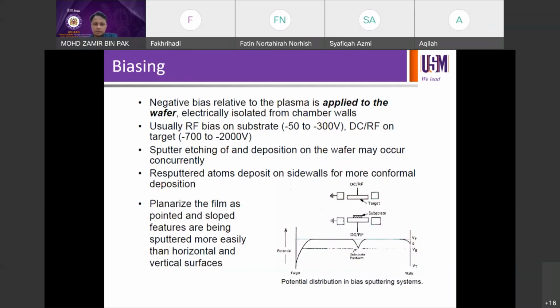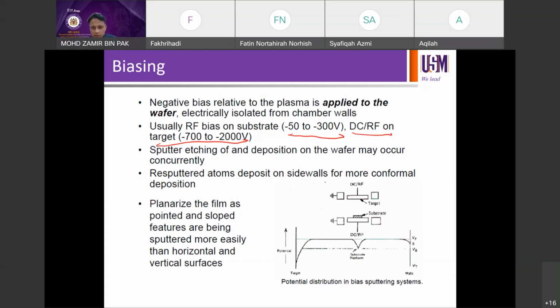Usually RF bias on the substrate is negative 50 to 300 volts. Okay, DC or RF on target bias can be minus 700 to minus 2000. That's very high. Okay, so you can either bias the substrate ataupun you can also bias the target.